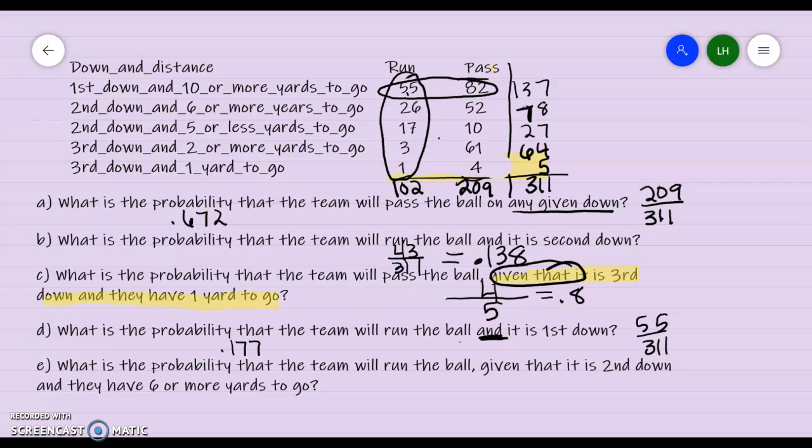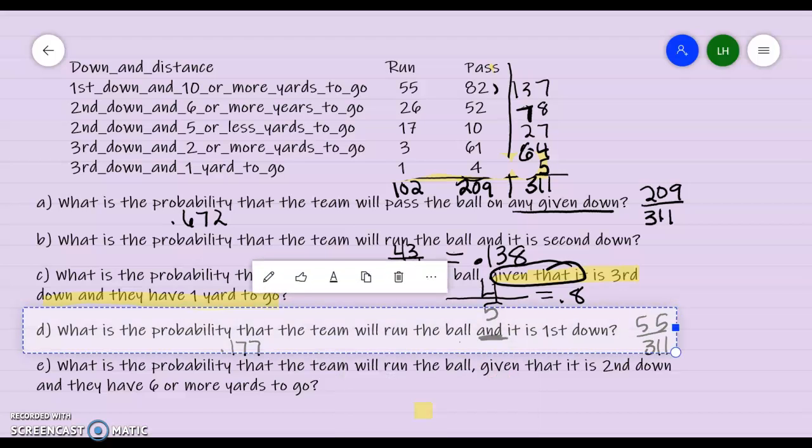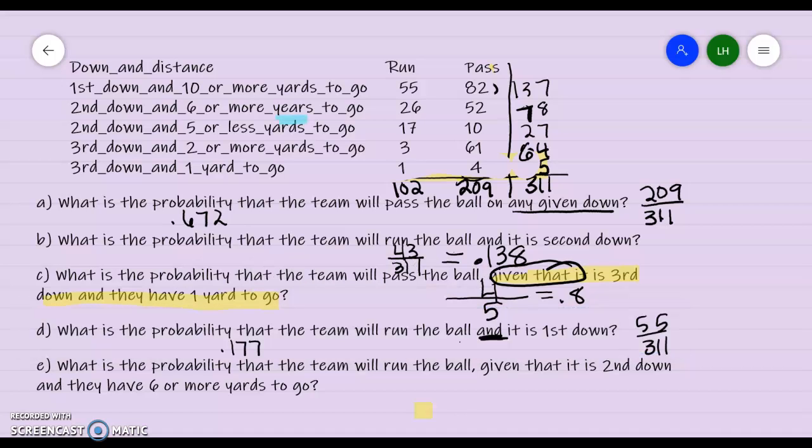And then the last probability was the probability that the team will run the ball given that it's second down and they have 6 more yards to go. So second down and they have 6 more yards to go. Let me change that. Okay, and that should say yards. That's a typo. Hopefully it's not 6 years. Should say yards is what I meant to say.